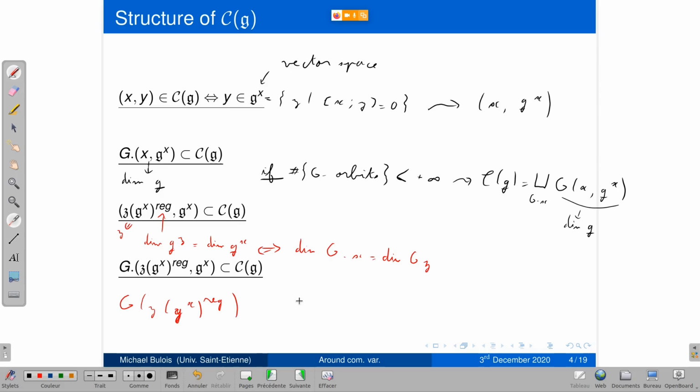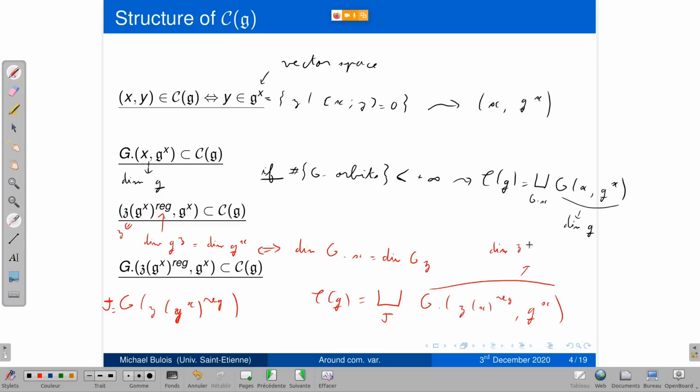There are finitely many, so C of G, once again, can be written as a disjoint union over, let's say, J of these things. And you can compute, for instance, the dimension of these things. Here, in the disjoint union, we have different dimensions. The dimension is the number of parameters of orbits here.